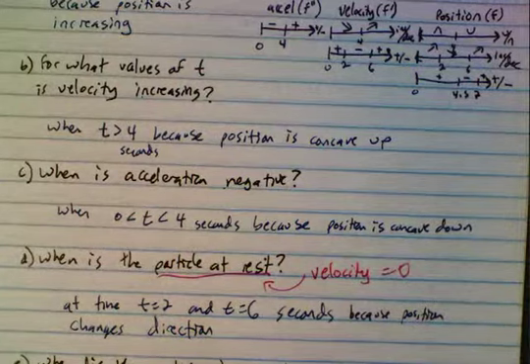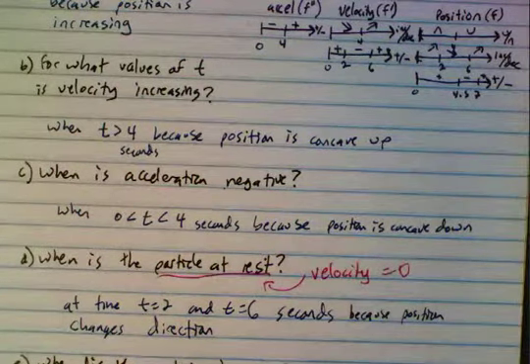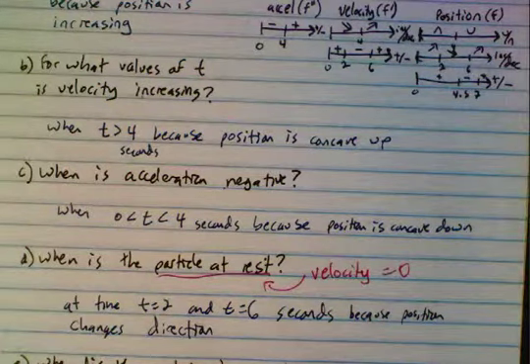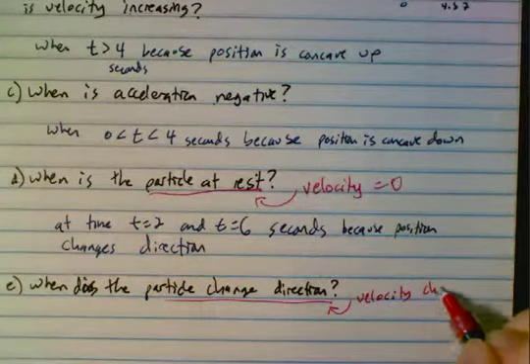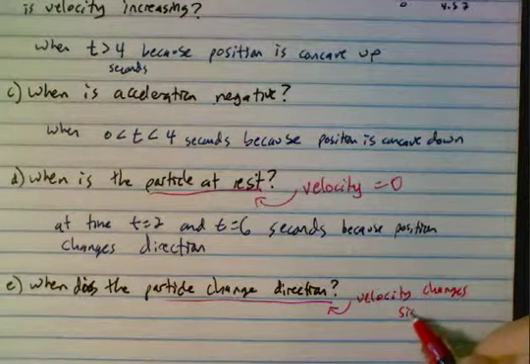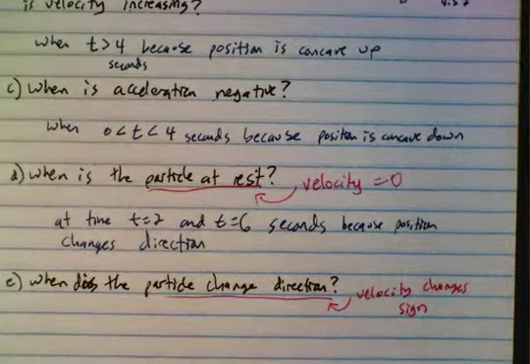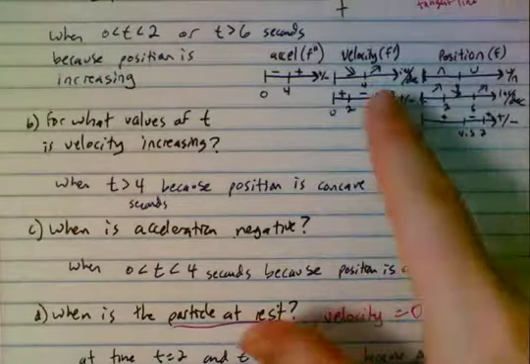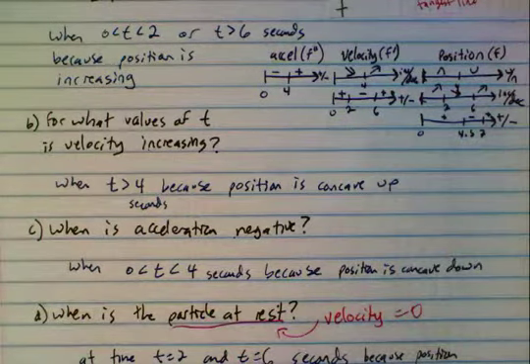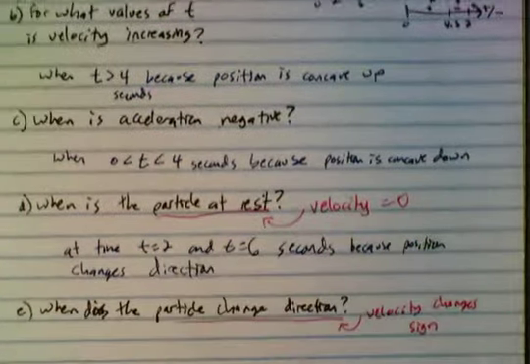But if we think about it in real world terms, we're talking about it changes from moving left to moving right, or vice versa, meaning velocity is changing sign. So that was the same as this one above. Right here, velocity is changing sign at t equals 2 and t equals 6.